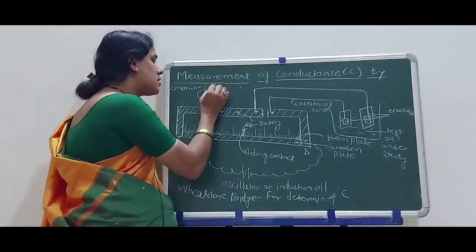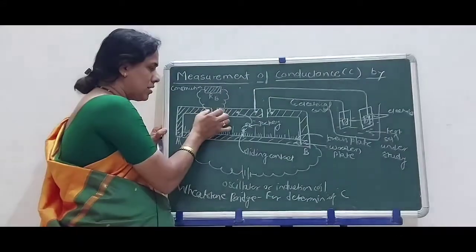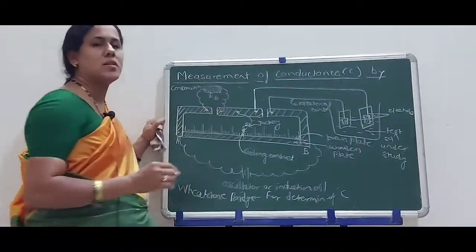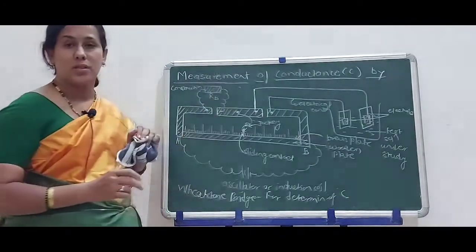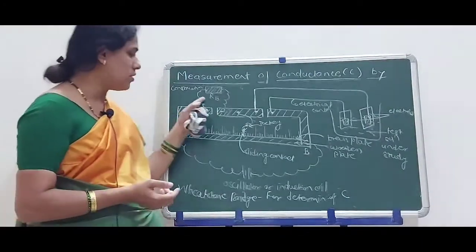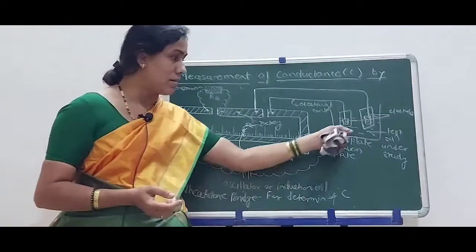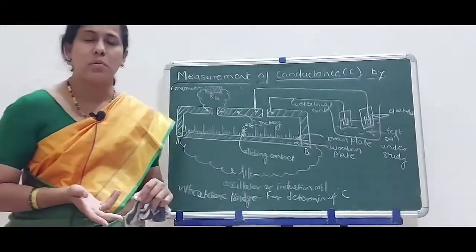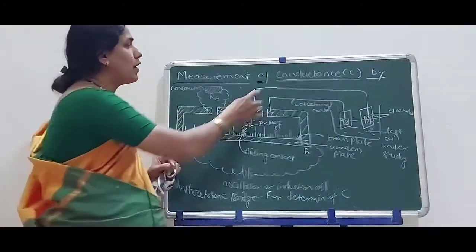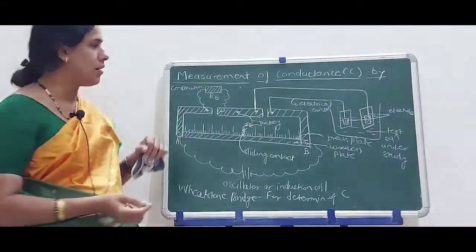Now a resistance box is connected, and some resistance is taken out from the box; that is known as the known resistance. We measure the resistance of the unknown solution by the Wheatstone's bridge method, and by taking its reciprocal we get the conductance according to our definition.